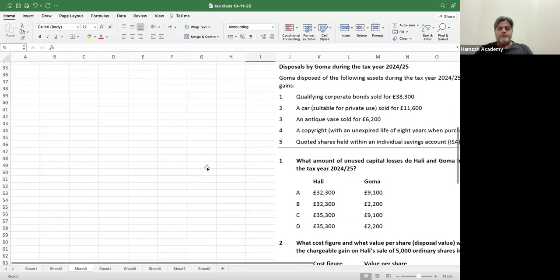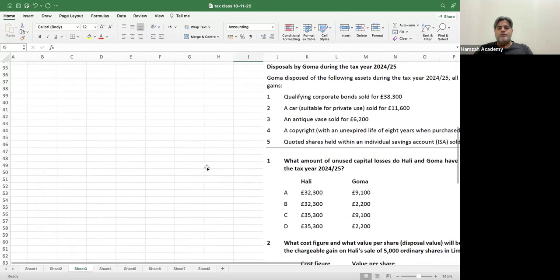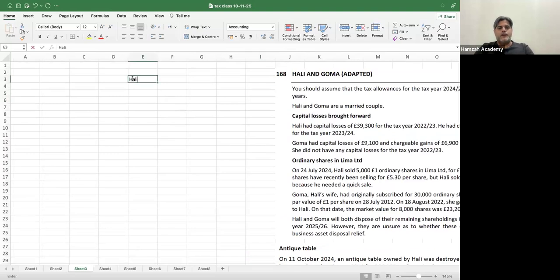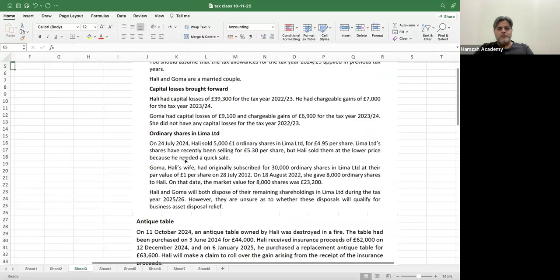24-25? So we have to see, for Holly and Goma, what amount of unused capital losses we have. Holly had chargeable gains of 7,000 for the tax year.